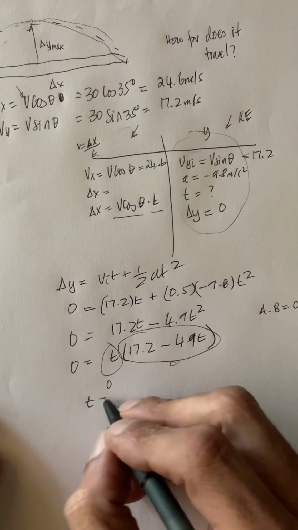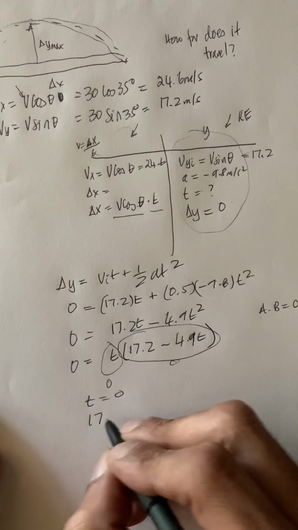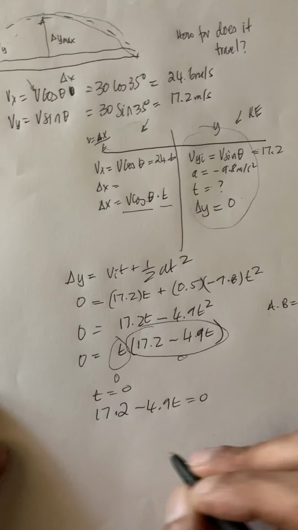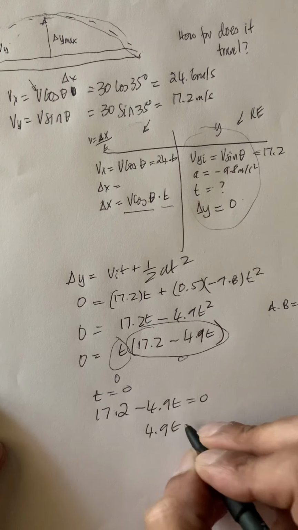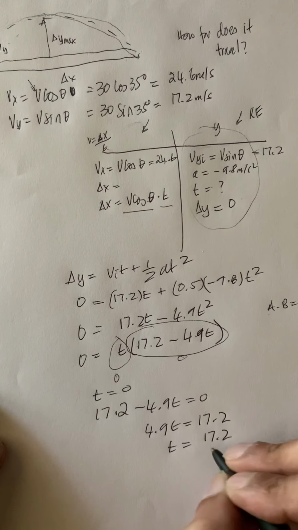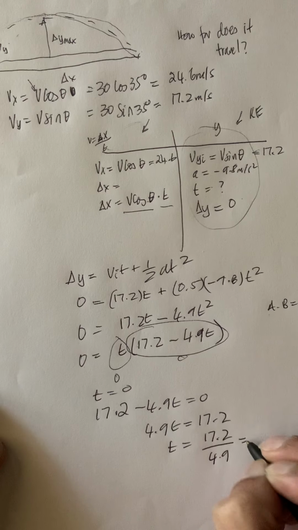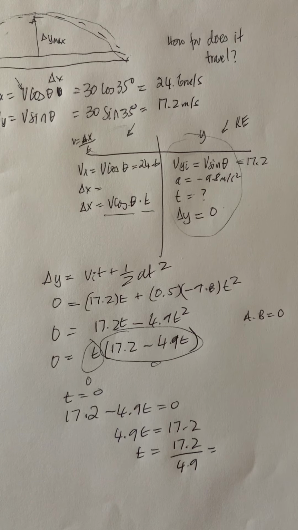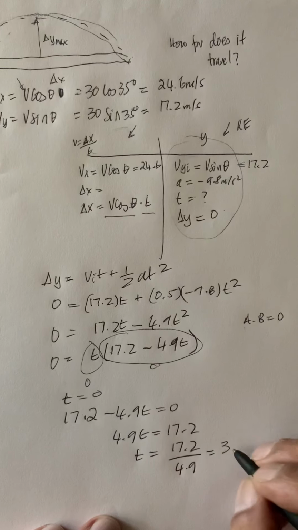So my first equation would be t equals 0, and the other one would be 17.2 minus 4.9t is equal to 0, which tells me 4.9t is equal to 17.2, where t is going to be 17.2 divided by 4.9, and that gives me 3.5 seconds.